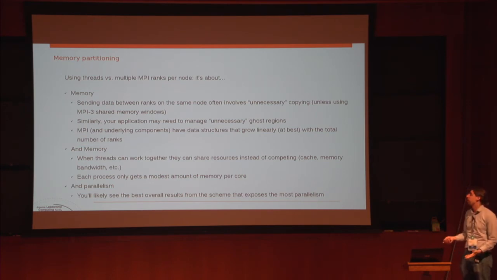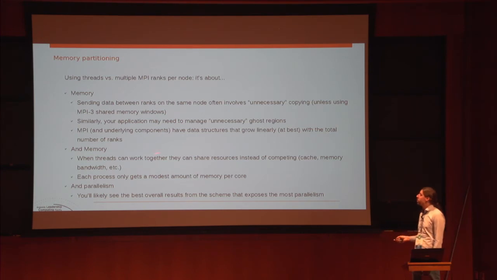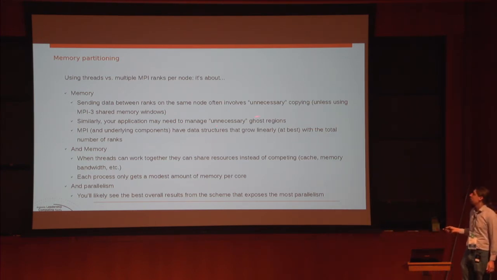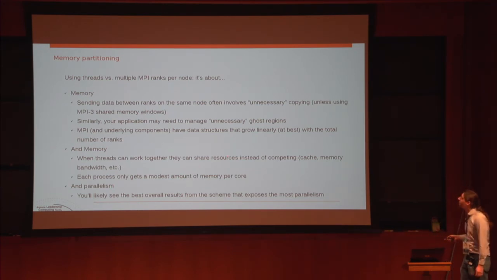Those obviously take up memory on each node if you have multiple ranks per node. And also the underlying components of MPI often have order n data structures. If those order n data structures have to be repeated per rank, globally that's actually n squared memory use as you increase the number of ranks. So you have to be careful about that as well.